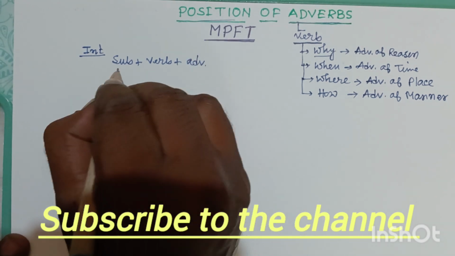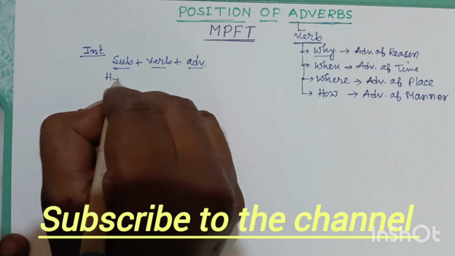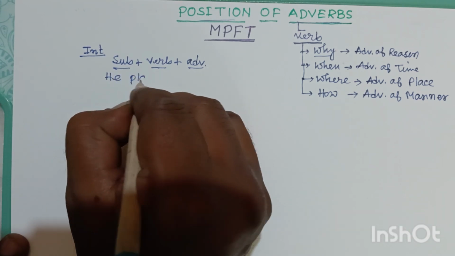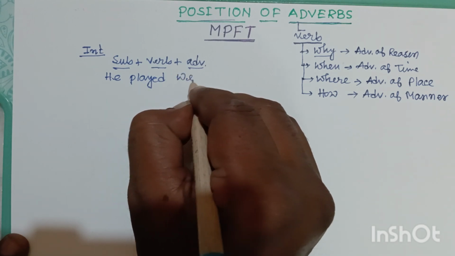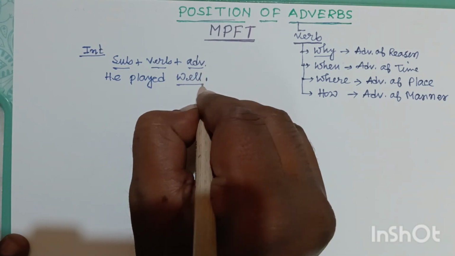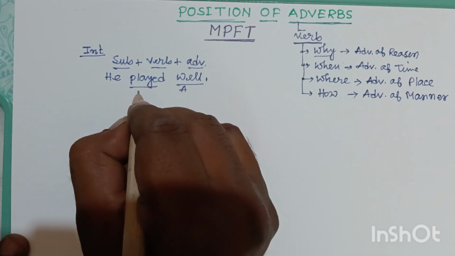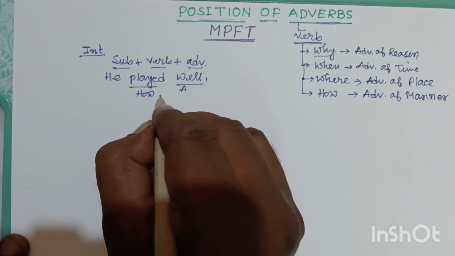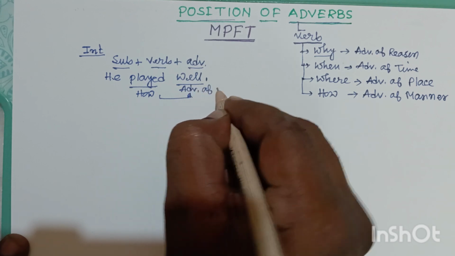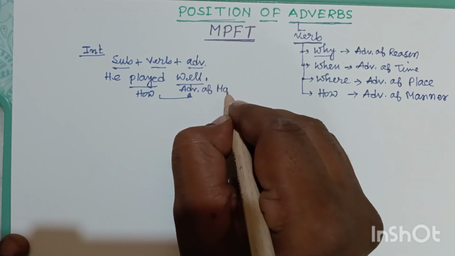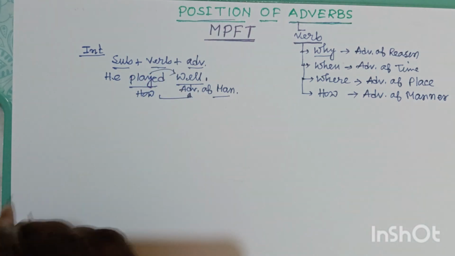It is the basic structure, just like this one: He played well. So here well is the adverb of manner. That means if you ask the verb by how did he play, the answer will be well. So it is adverb of manner. It's very simple. And we place the adverb of manner after the intransitive verb.